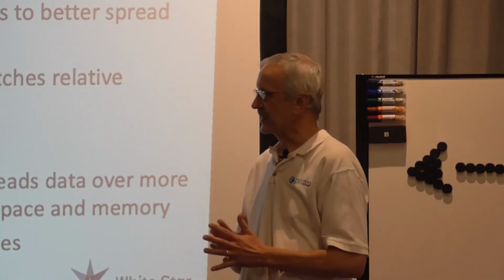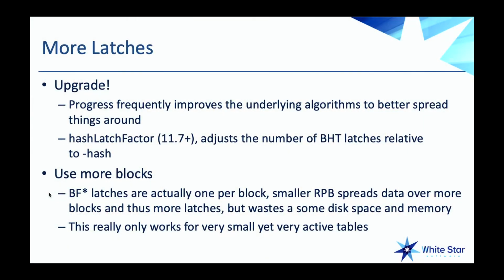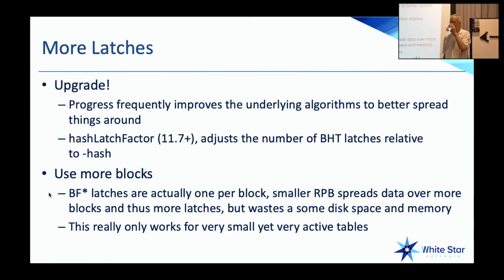Getting more latches is another option, and one of the ways that you get more latches is to upgrade. Upgrades are effective because over time the database engine crew has done a lot of work to improve the algorithms behind these things. They've added more latches to the database. So in cases where there's a limited number of latches for a certain purpose, they may have expanded that number.